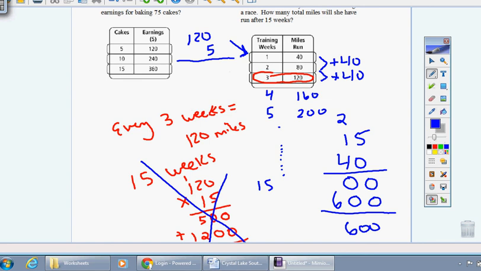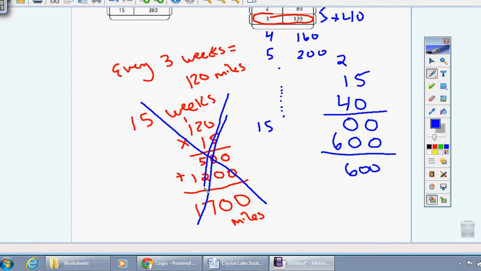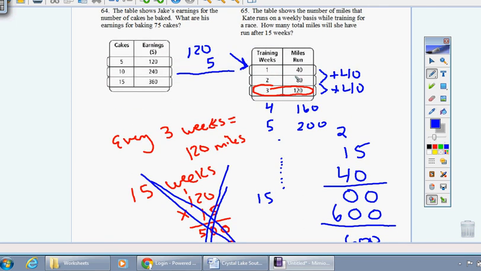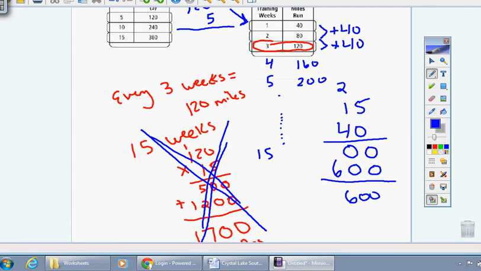So, don't do the problem this way. Either do it one of two ways. Think about it as, if she runs 40 miles a week, then 40 times 15 would give you how many miles she runs in 15 weeks.